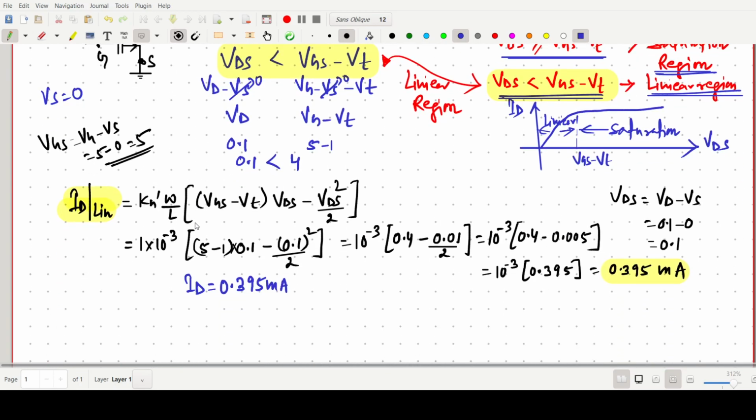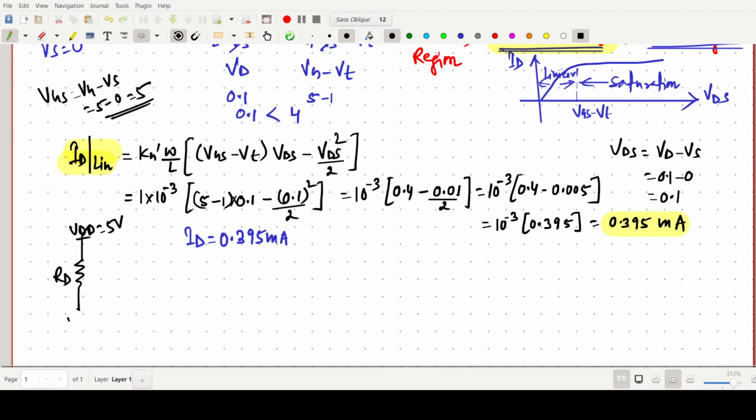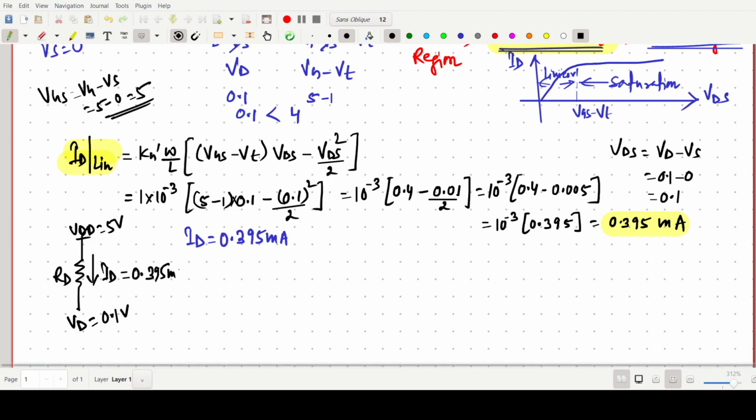So now we have to find the RD. This one is RD, we have to find. This value is given, VDD, that is our 5 volt, and this VD is already known to us, that is our 0.1 volt, and this current ID is now known to us, 0.395 milliampere.